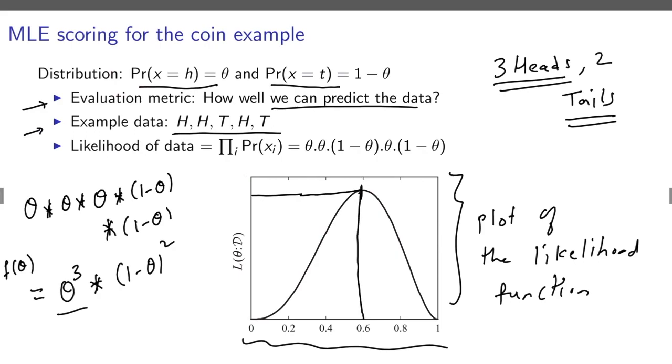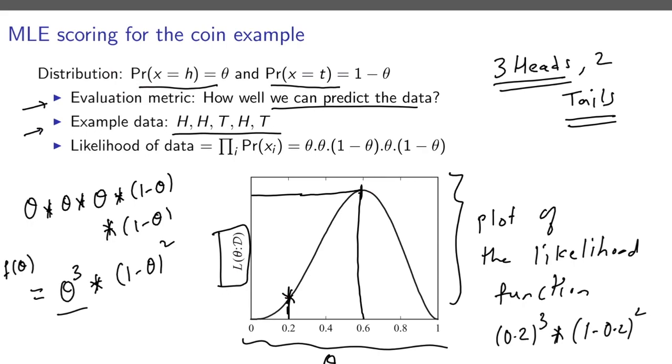On the y-axis, I have the likelihood for each data point, and on the x-axis, I'm varying the value of theta. For example, when theta is equal to 0.2, how did I compute this quantity? The way I computed this quantity was 0.2 cube times 1 minus 0.2 squared.